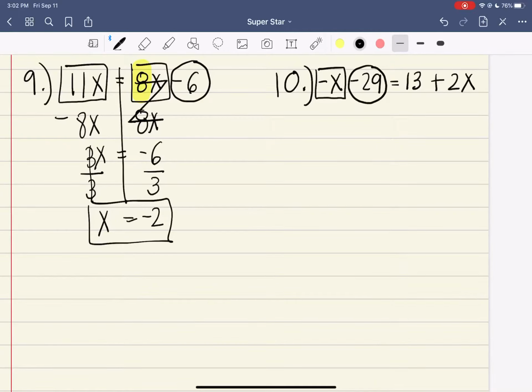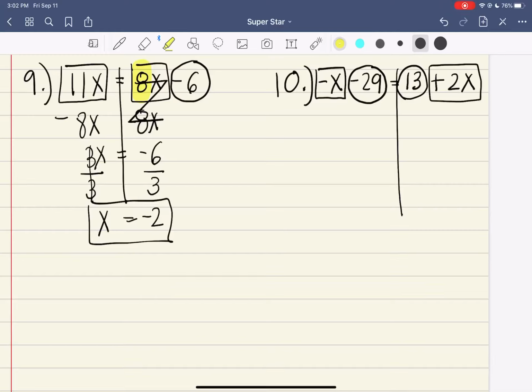So again, no like terms to combine, so that means we're going to be looking for our least coefficient. So this one is tricky because we have this negative here, but we have to remember there is a 1 here, and negative 1 is smaller than 2.